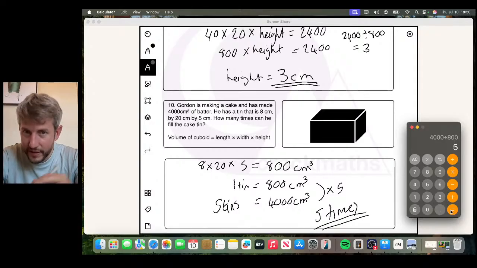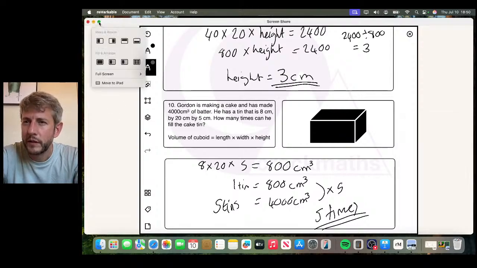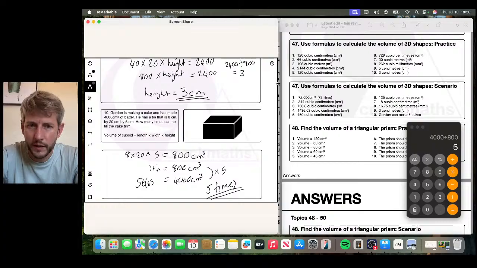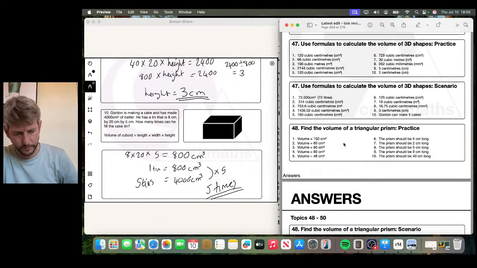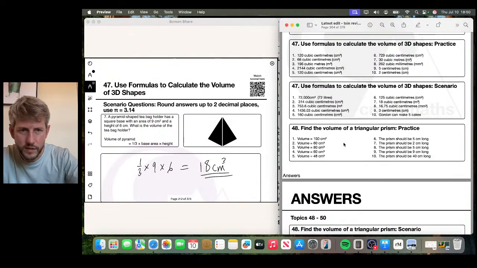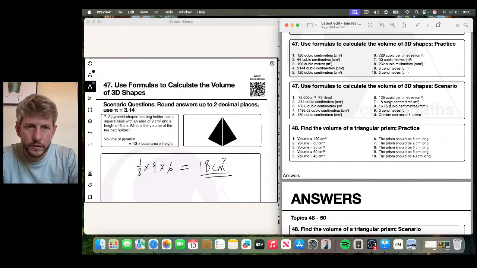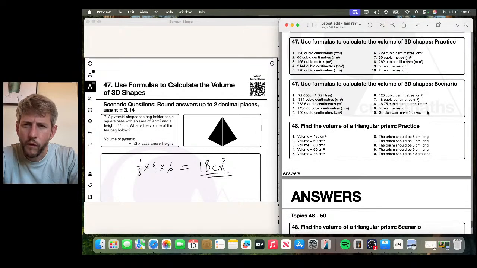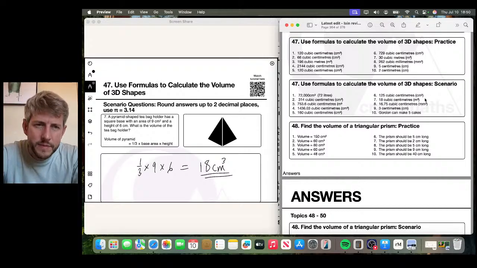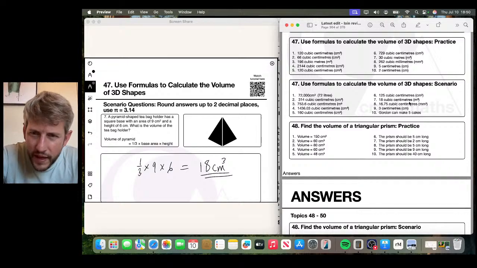Okay, right, let's get these ones marked. Okay, so here we go. Question 7. Scenario. Here we go. Yeah, 18 cubic centimeters, but that then says meters cubed there.